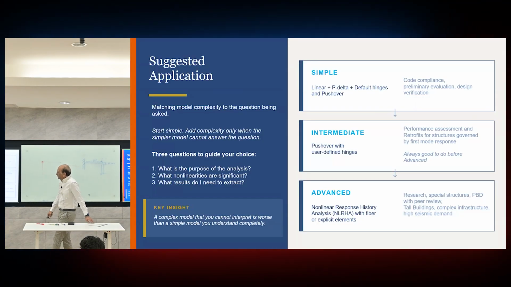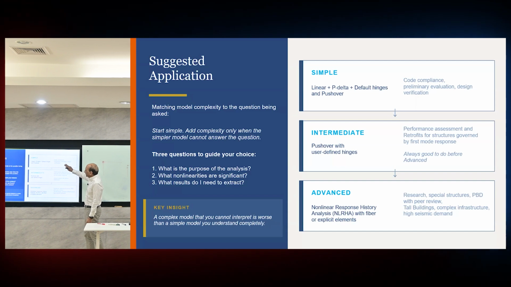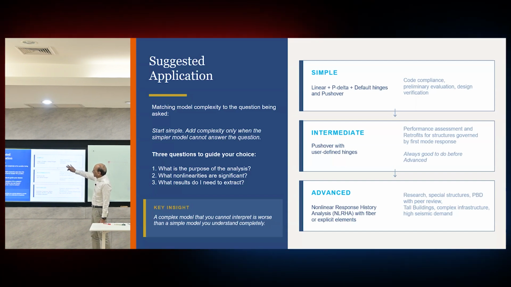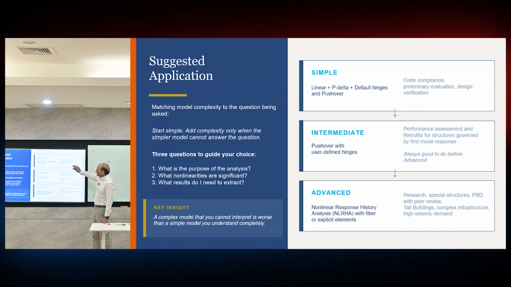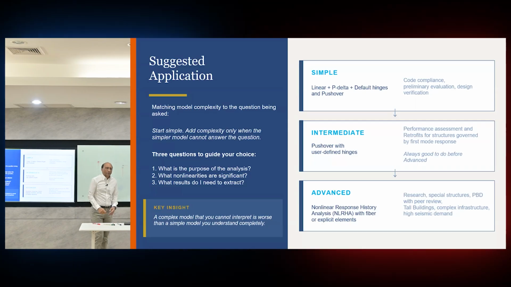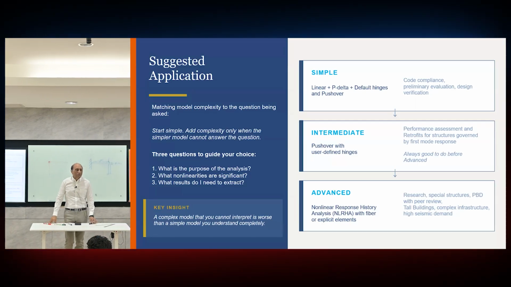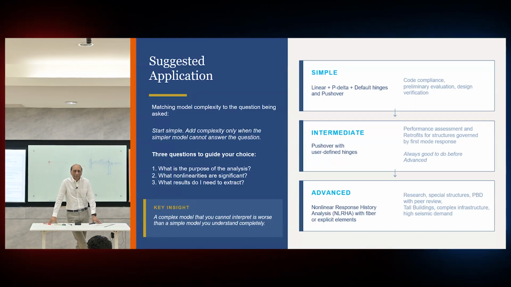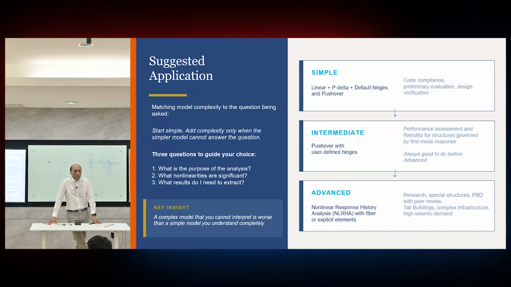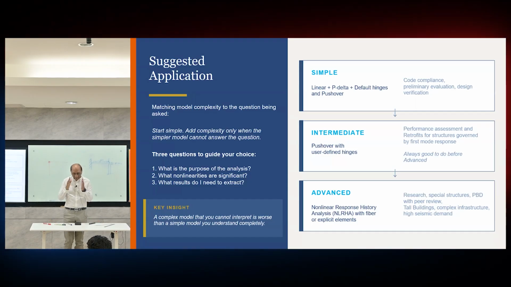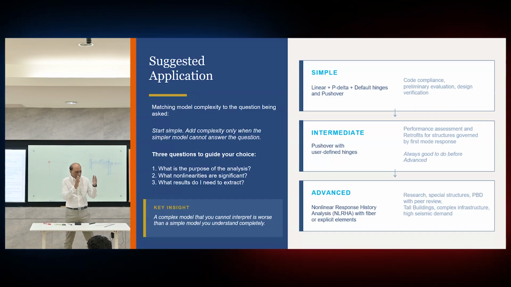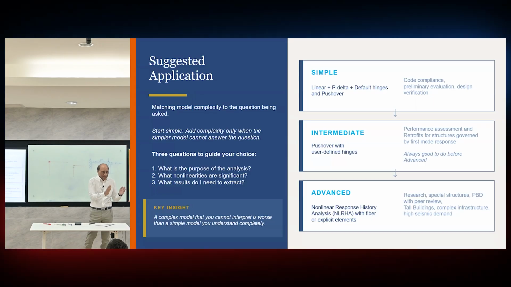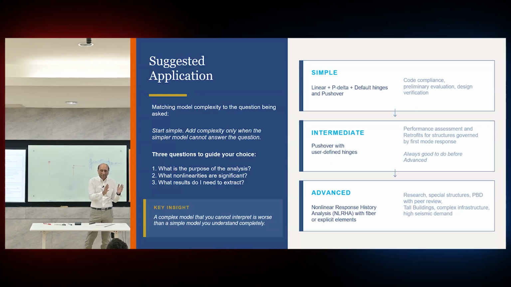For nonlinear, first start with simple, linear plus P delta, default settings, and pushover. When you start doing nonlinear, don't rush to the most nonlinear problem because you will not understand what happened and you don't know whether it's correct or not. Normally when we start, we have the linear analysis as a basic reference because that is what you understand.